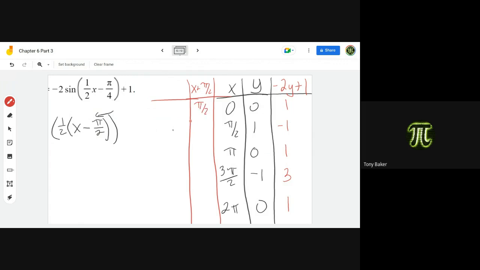So this becomes pi over 2. This becomes pi, 3 pi over 2, 2 pi, and 5 pi over 2. So I'm just adding 2 pi to everything. I haven't done it yet. I have to do that too. But I'm doing it one at a time on purpose. Go. You're not done.